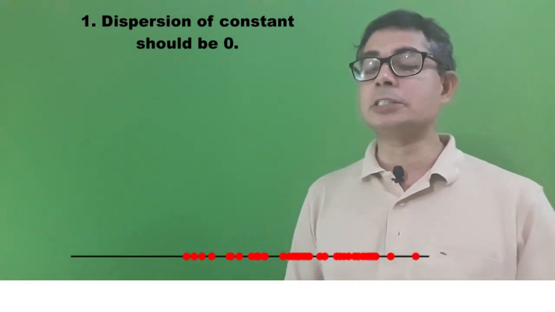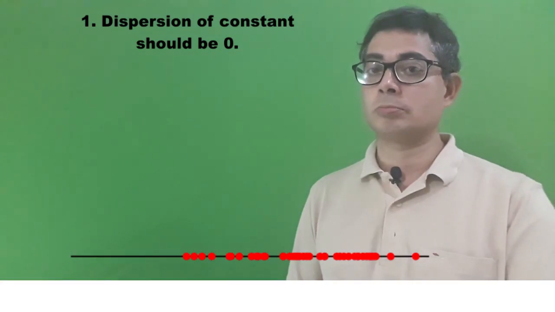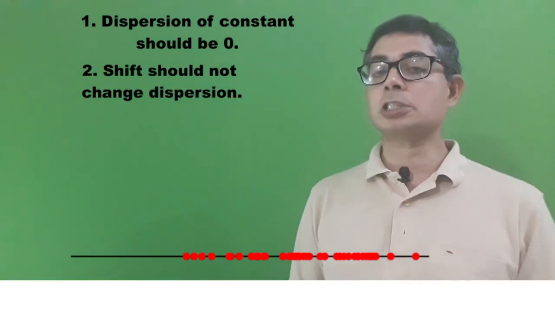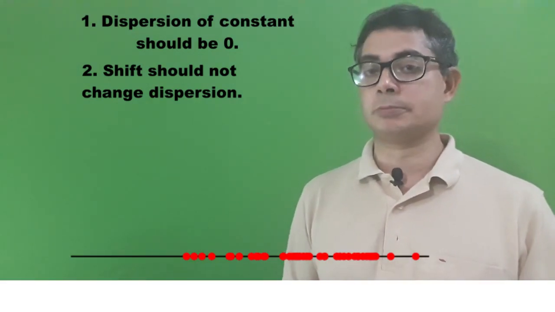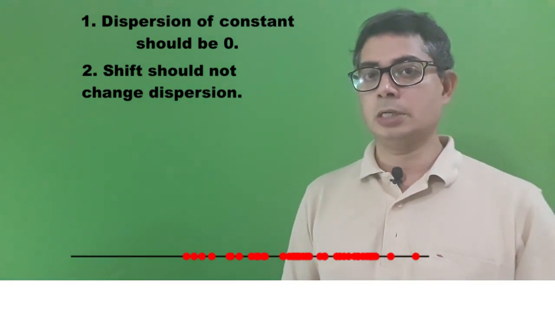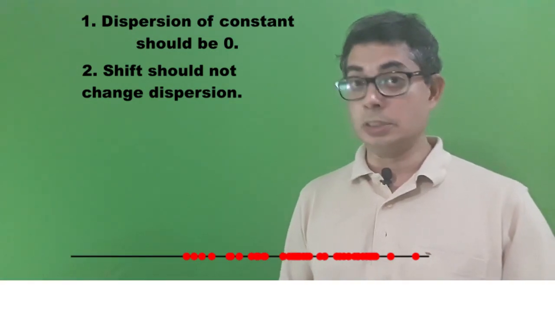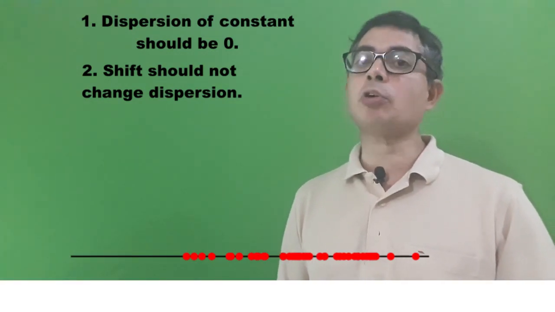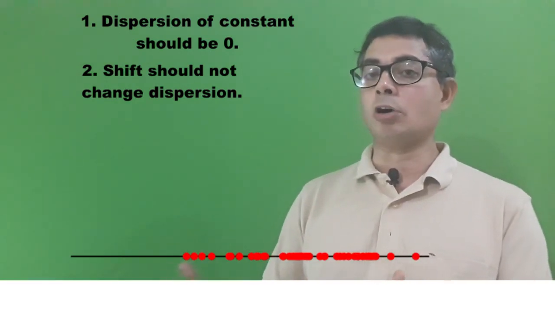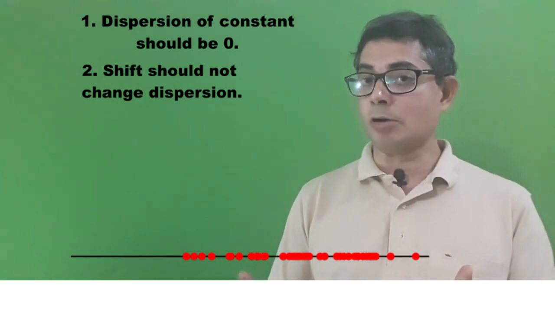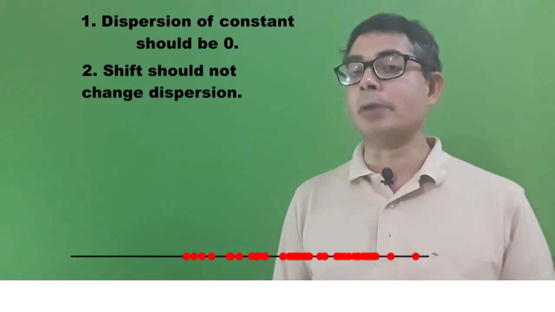So here is desirable property number 2. Dispersion should remain unchanged by a constant shift. Is it true about the range? Yes. Because when you shift all the numbers by some common amount, the minimum and maximum also get shifted by the same amount, so their difference remains the same.